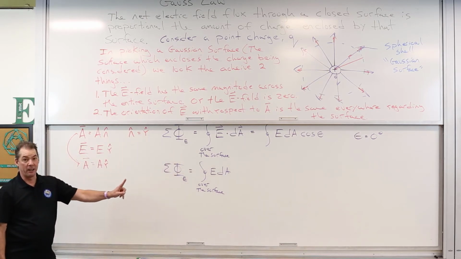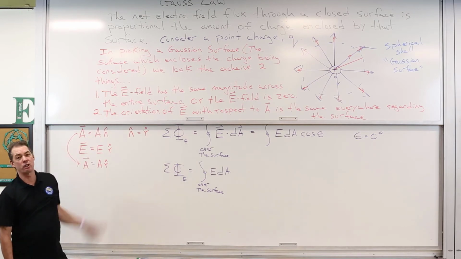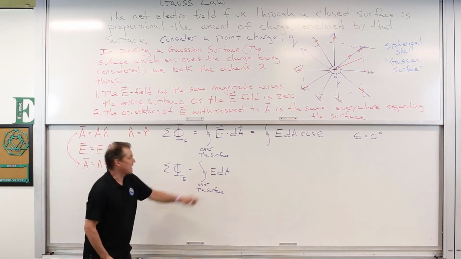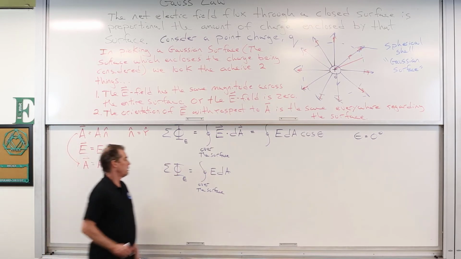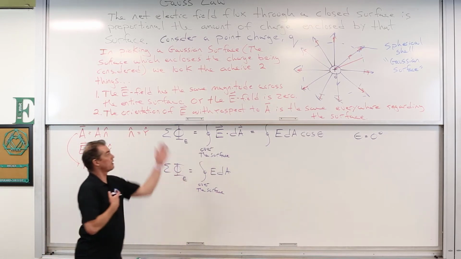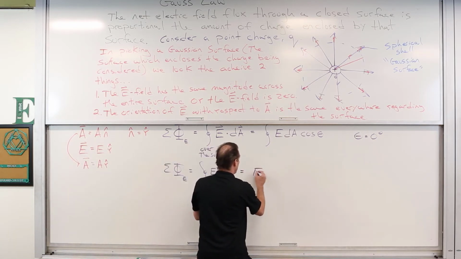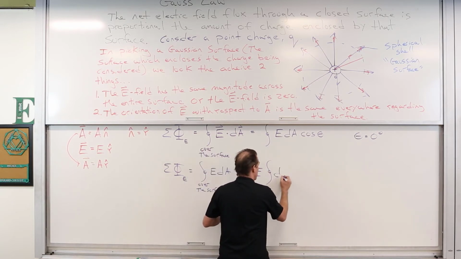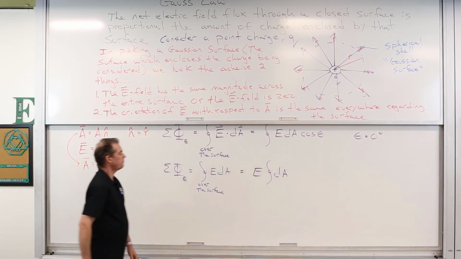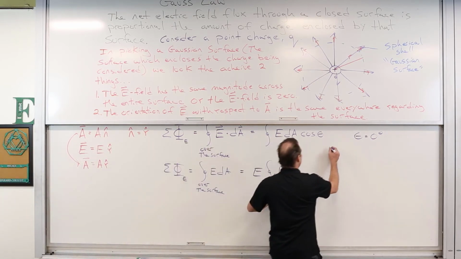Well, there's something else that we did. We said that the electric field is going to have the same magnitude everywhere. So E is a constant. The magnitude's the same everywhere, so we can pull it out. There's no variance of the magnitude across the surface here. So this ends up being E times the integral over the closed surface of dA. Well, what is this right here?